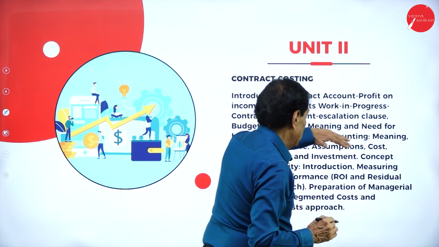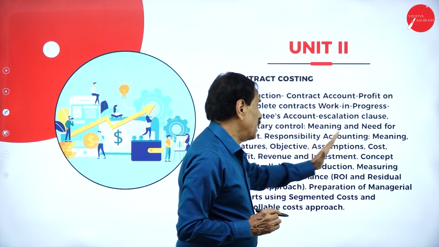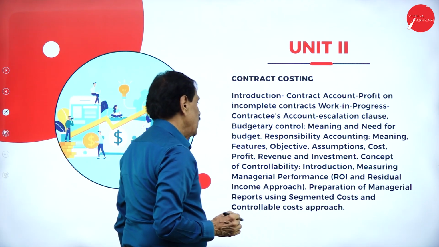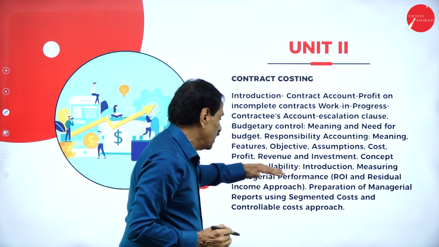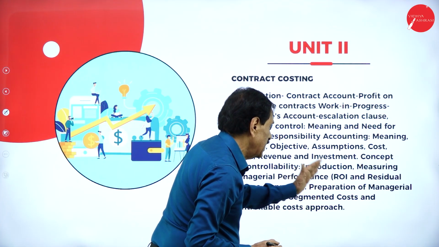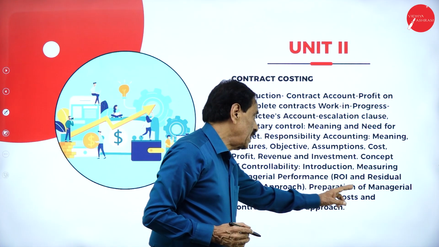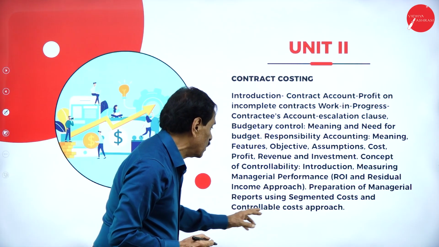Contract account, escalation clause, budgetary control, meaning and need for budget, responsibility accounting, meaning, features, objective, assumption of cost, profit, revenue and investment centres, concept of controllability, introduction, measuring managerial performance, preparation of managerial report using segmented cost and controllable cost approach.